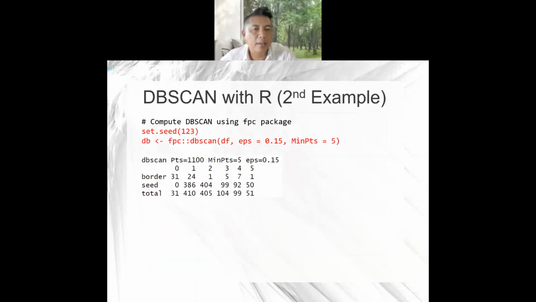Now, how do we use the DBSCAN? So we say, okay, I will use the DBSCAN from this package. And then this is my data, this is my maximum radius, and this is my minimum number of points. So it will give you the same result here. But this time it gives you six clusters.